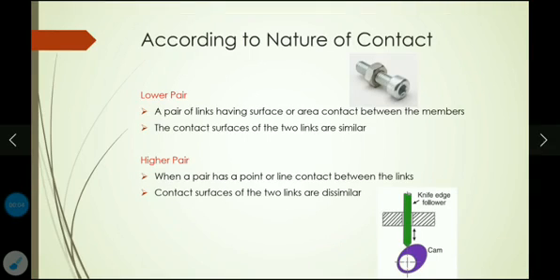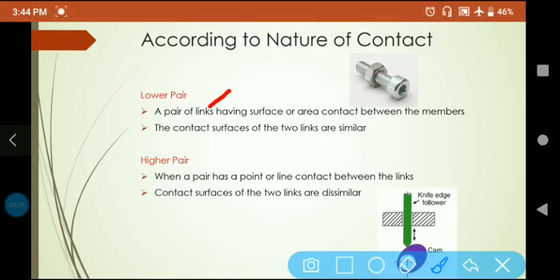According to the nature of contact, there are two types of classification. One is known as a lower pair. A lower pair is formed when the pair of links have surface or area contact between the members. For example, an example of a lower pair is a nut and bolt arrangement.